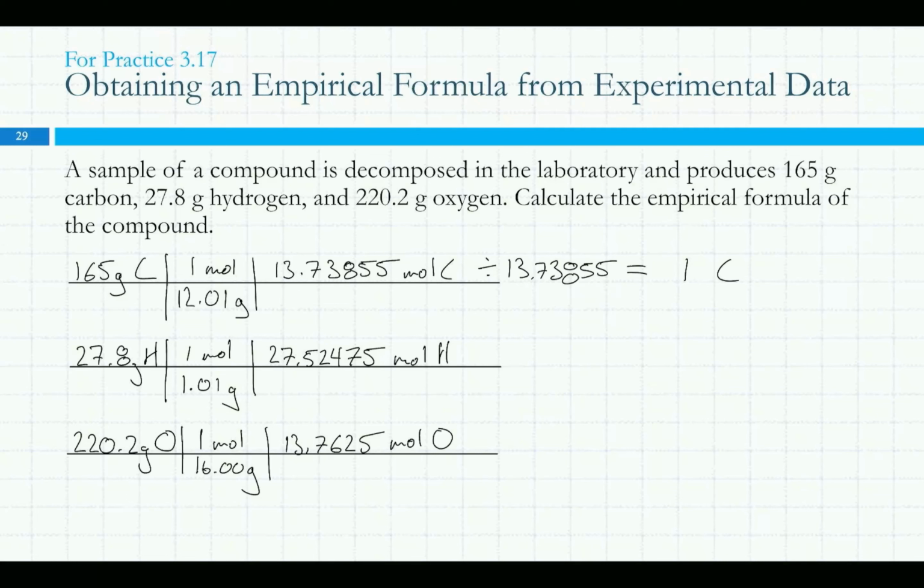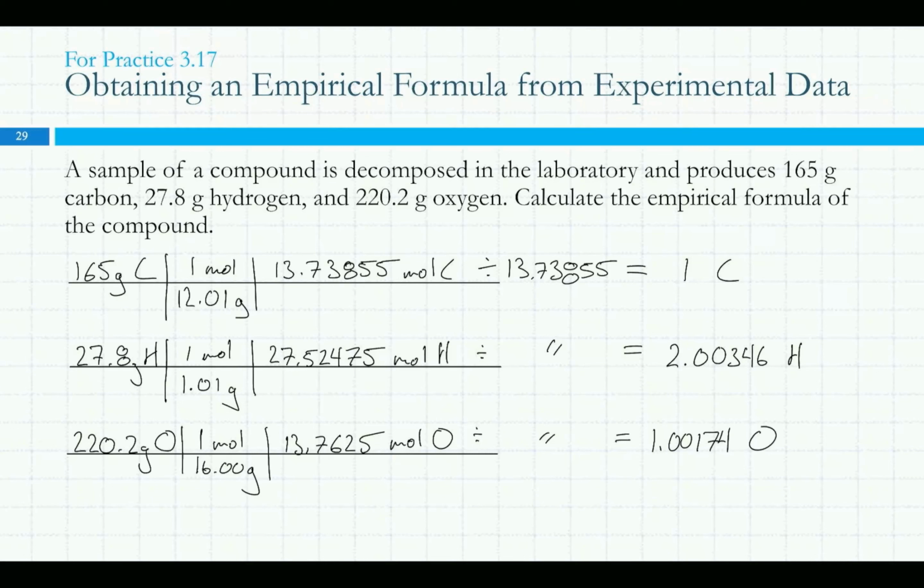So we need to do C. And then 27.5, same thing, that's 2.00346. And that's 1.00174 oxygen.